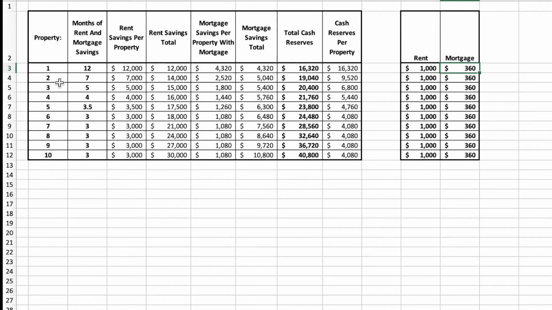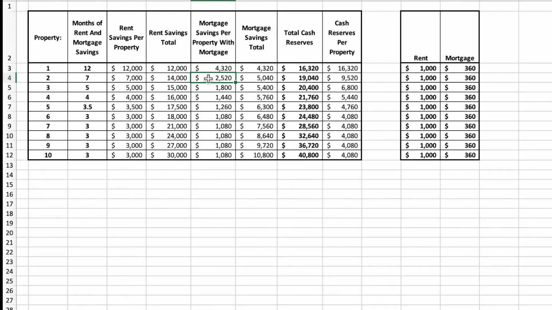$16,320. If we move on to 2 properties, then you can see I would like 7 months of rent and mortgage savings saved up. So the rent savings per property is 7 months times $1,000 per month, which is equivalent to $7,000 per property. Given that there are 2 properties, we multiply that by 2 and get $14,000.